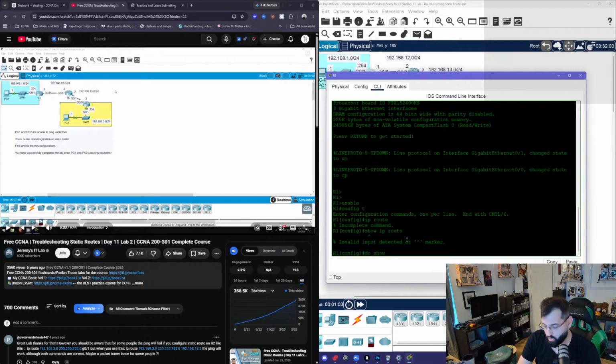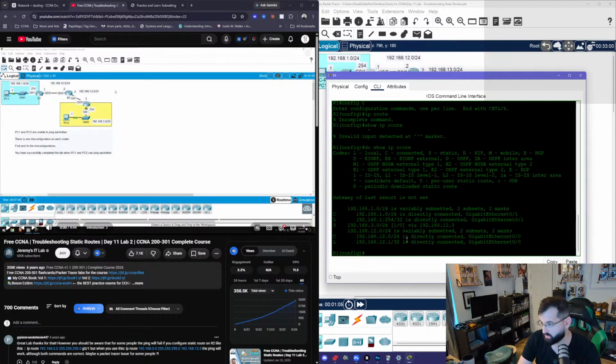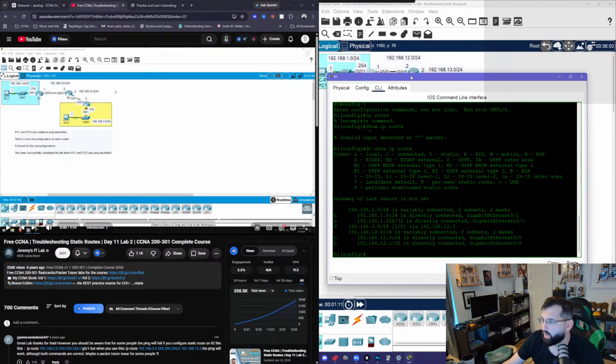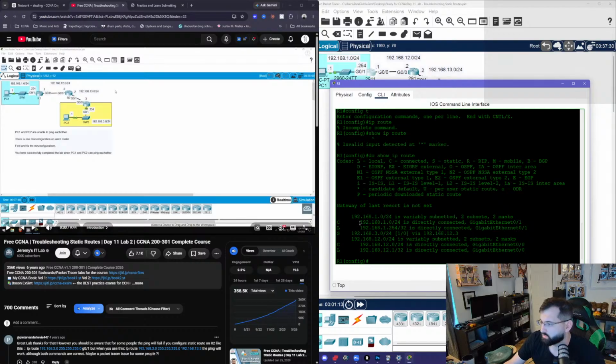Do show IP route. Okay. So let's see what we have here. We're on router 1. Router 1, we have 10.1.0.0 variably subnetted, 2 subnets.